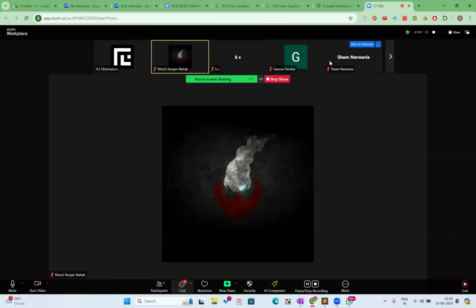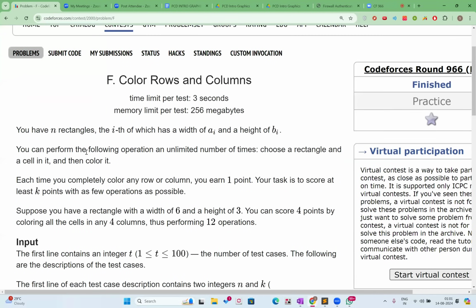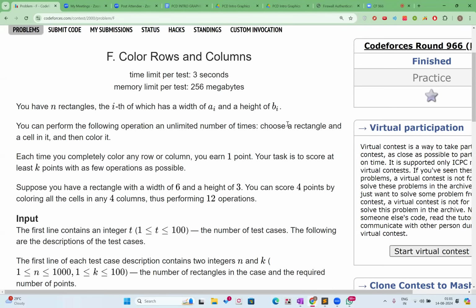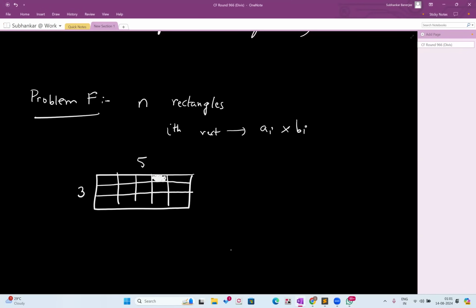Okay. Now what we are told to do, so we can just choose a rectangle and choose a cell in it. Suppose we are given n rectangles, I can choose any rectangle and then choose a cell in it and just color it like this.